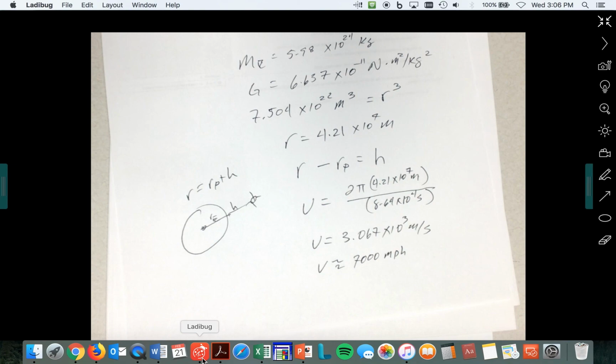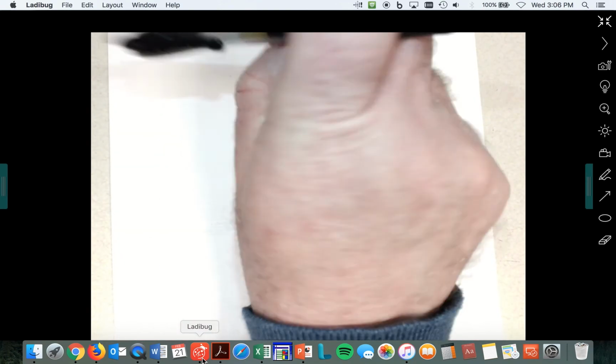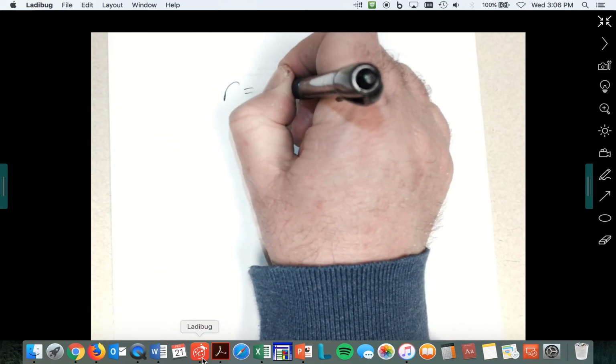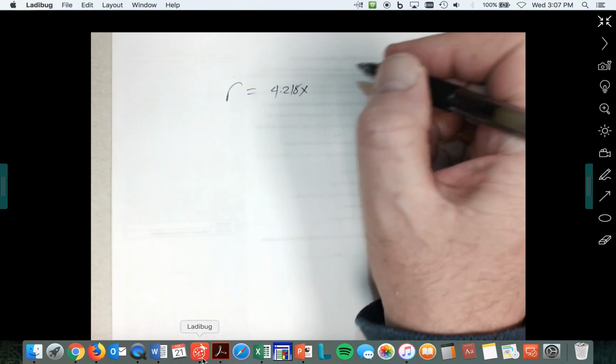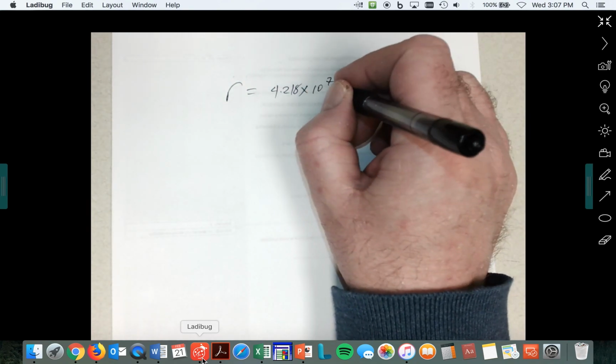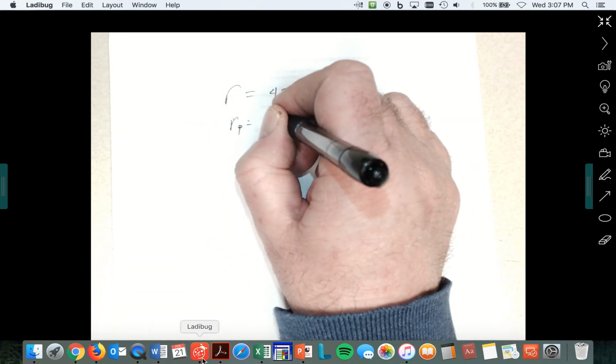All right, so now we needed to find the height. So we're also going to find the height of the orbit, and then we will be done with this. And then I think you'll be armed and dangerous to do anything in class, and we'll look at some of the problems. All right. So R, what do we get for R there? 4.218, or you could do 4.22 times 10 to the 7th, minus the radius of the Earth, 6.38.